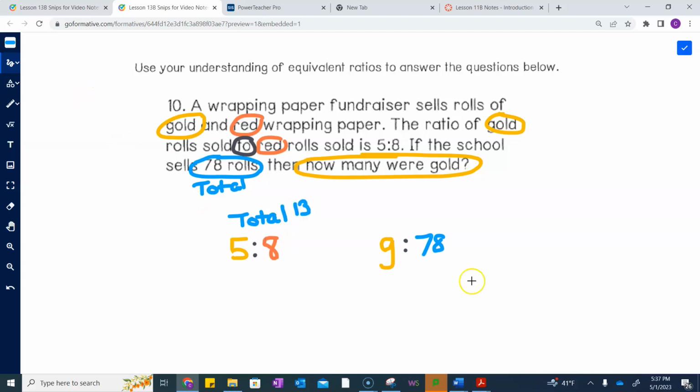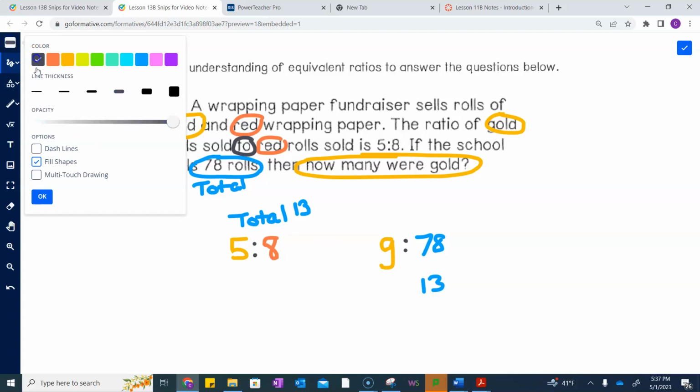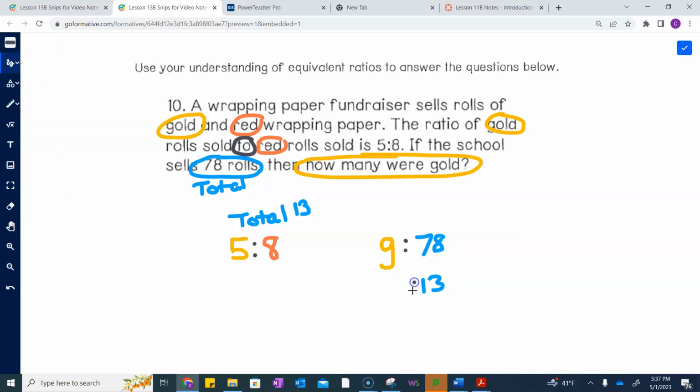So I'm going to come over here and set up a new ratio. I'm going to set up 13 as my total to gold, which I don't know. Oh, sorry, I do know 5. So now I have 2 ratios that I can use here and set them up as equivalent ratios to find G, the missing number of gold.